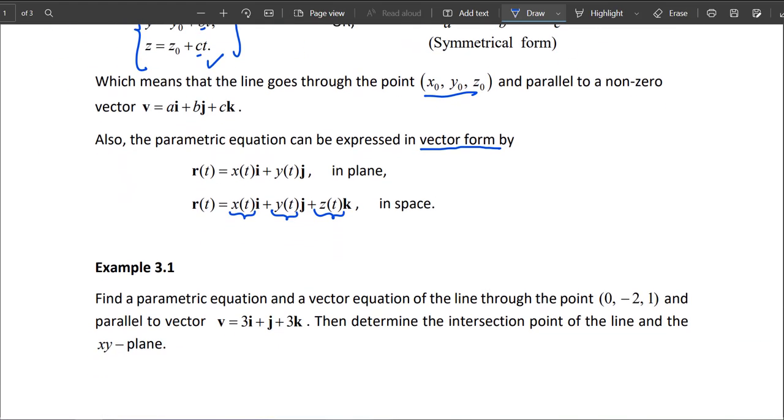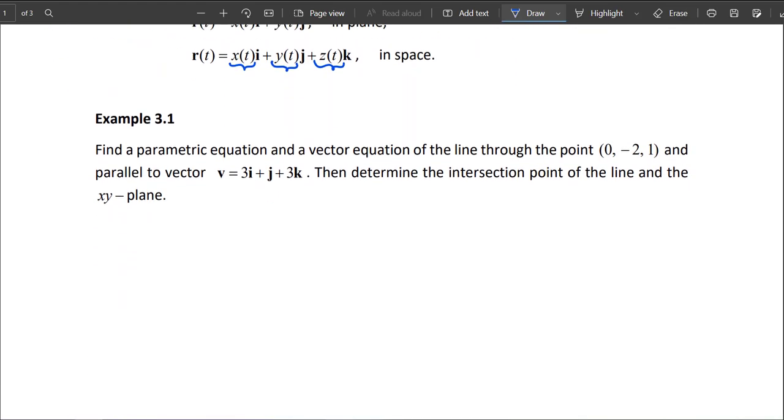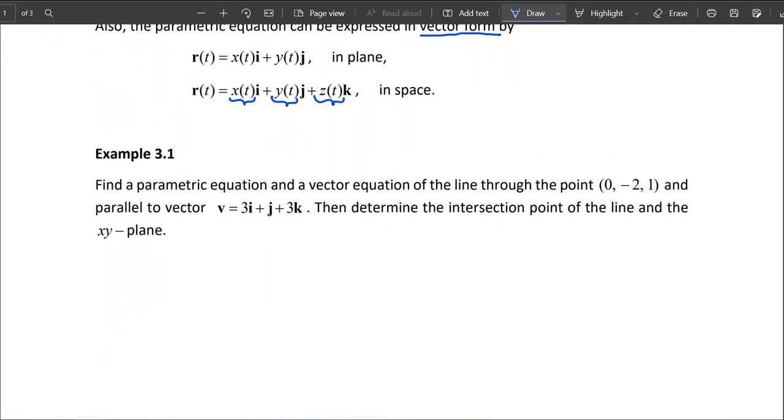So look at example 3.1. Find a parametric equation and a vector equation of the line. We want to find the line through the point (0, -2, 1) and parallel to vector v equals 3i plus j plus 3k.